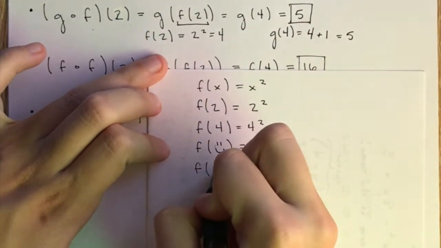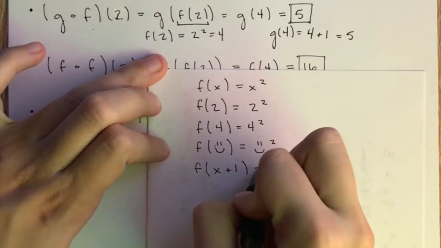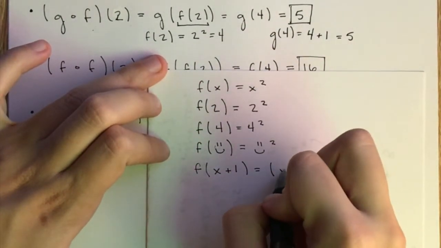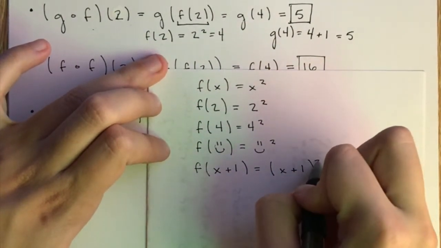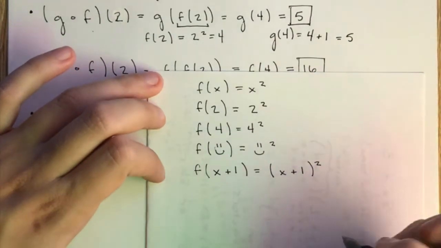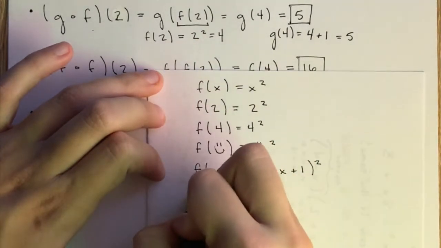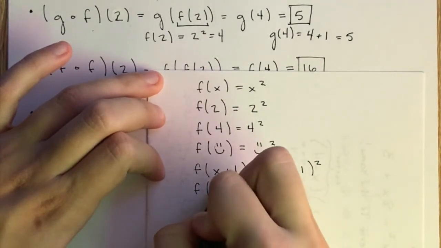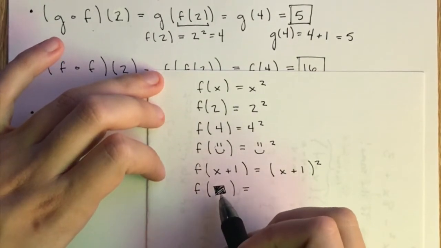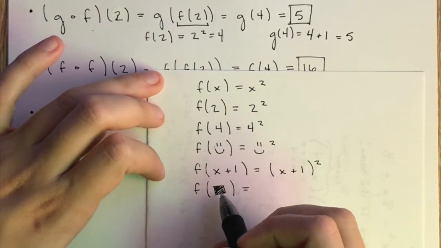So if the input is x plus 1, then we replace x with x plus 1. That's all we're doing here. So we have x plus 1 squared. We want to think about this as putting something, maybe a black box, into f.